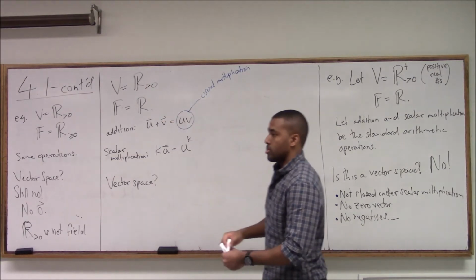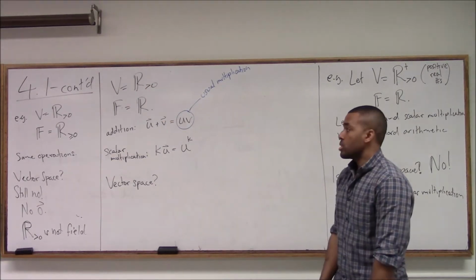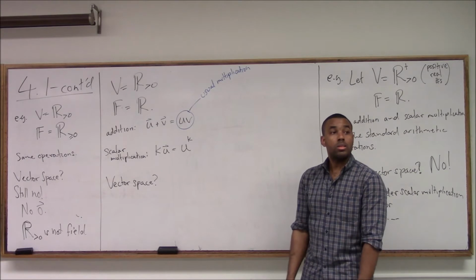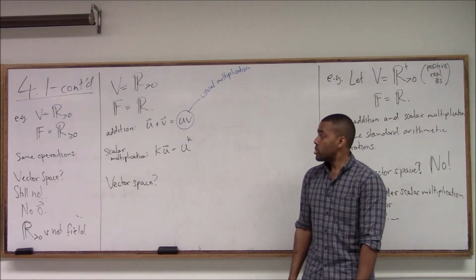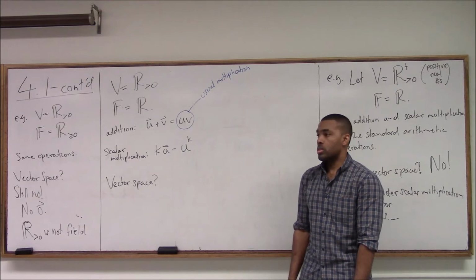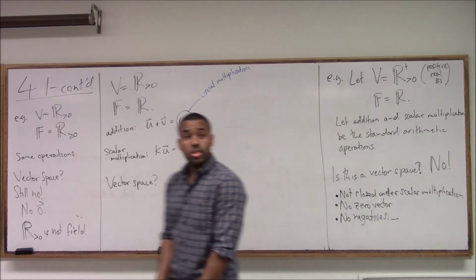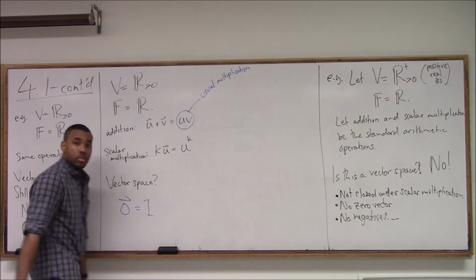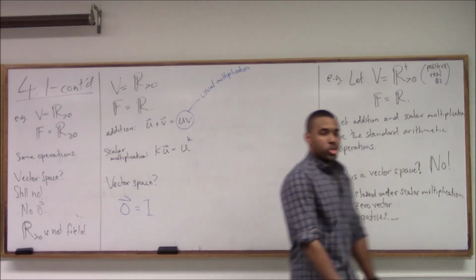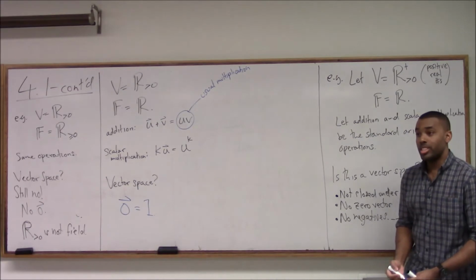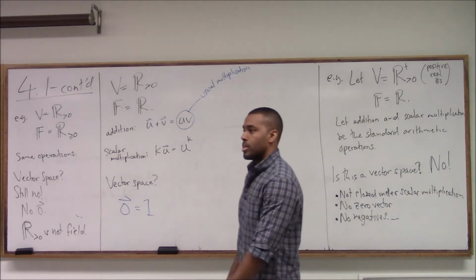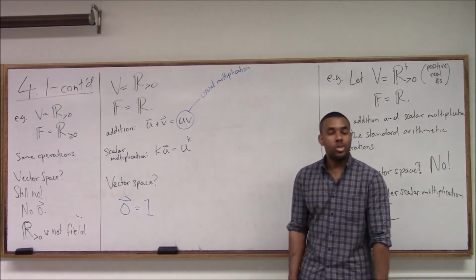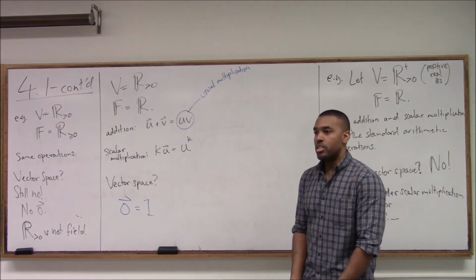Yeah? There's still no zero? But if V is 1, then U plus V is U. There is a zero. The zero vector here is the number 1. Why is that true? What is the definition of zero?